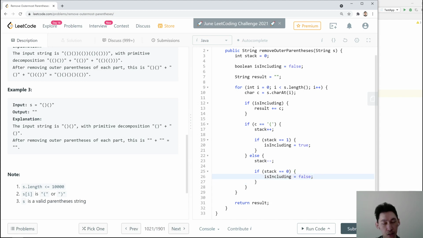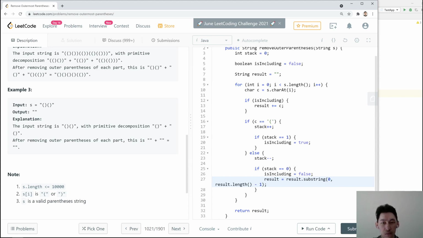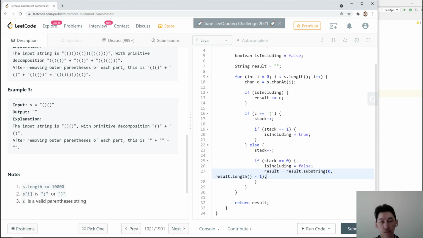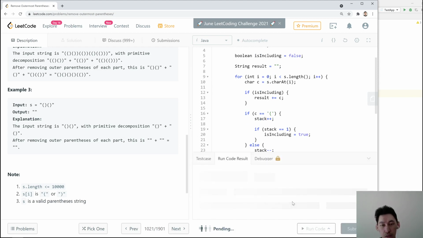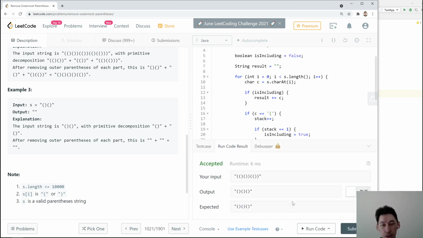Is including false, and maybe just concatenate, just remove the last one, result length minus 1. Is that going to do something?